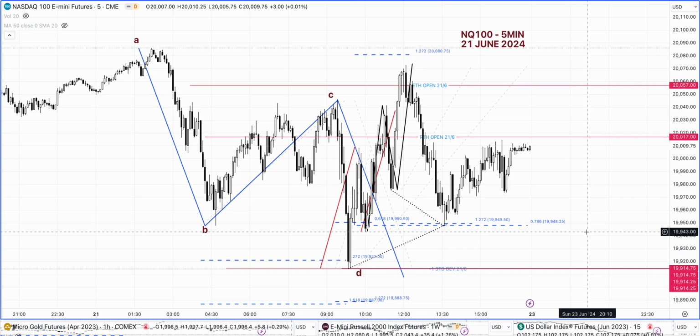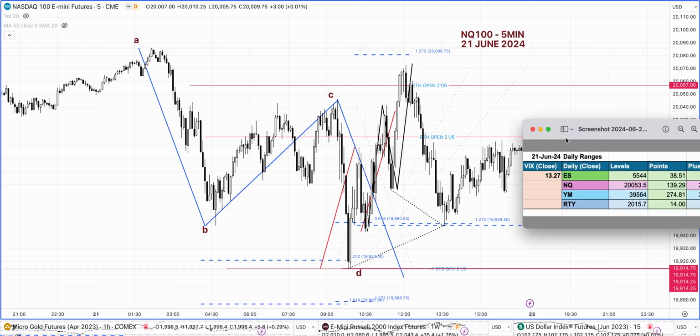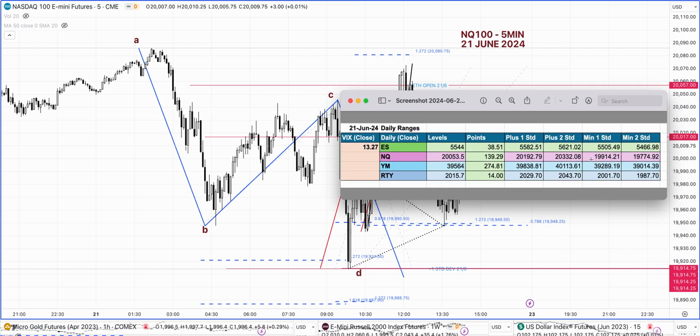So I just wanted to show you guys the kind of framework that we are using with this pattern recognition, Fibonacci retracement and expansions, and how useful it is to also use the statistical part of it, which is the standard deviation levels that I try to give out, for sure on the weekly basis, but also when we do the intraday analysis, then I also give that out for the next day. So you have seen how precise this level was, minus one standard deviation, 19,914, and what the market did for the NASDAQ.